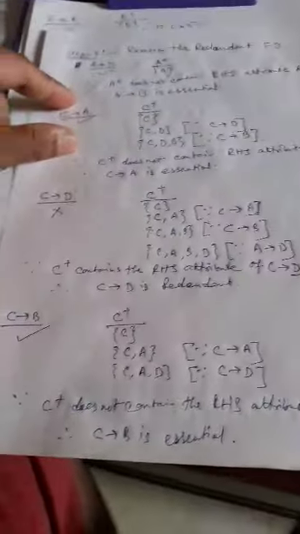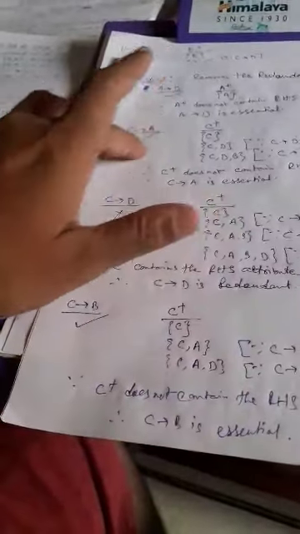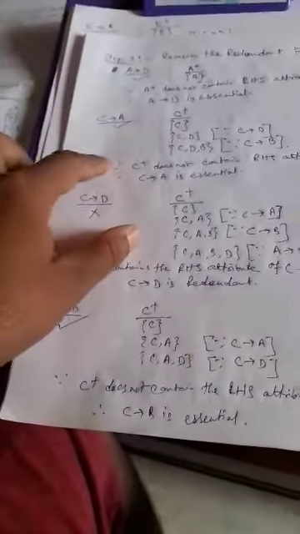Now for the functional dependency C arrow A, we calculate the closure of C excluding the functional dependency C arrow A, and we get C, D, B, which does not contain the right hand side attribute A. So C arrow A is essential.